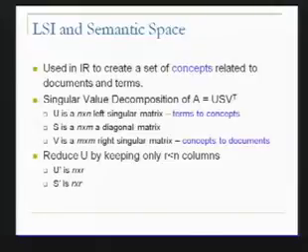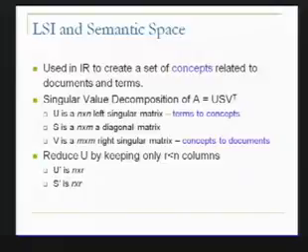Basically, you decompose the term document matrix A into 3 different matrices, so that the product of these gives you A. The matrix U gives you the relation between terms and concepts or topics, and the matrix V gives you the relation between concepts and documents.